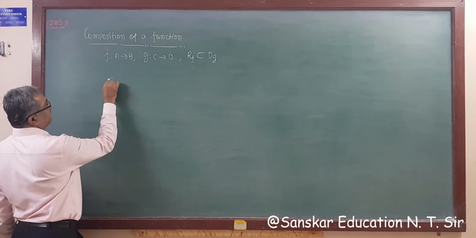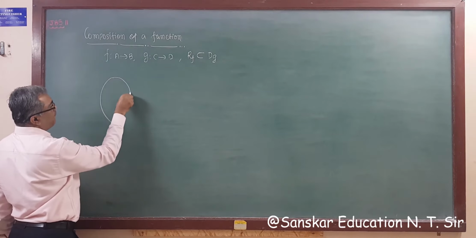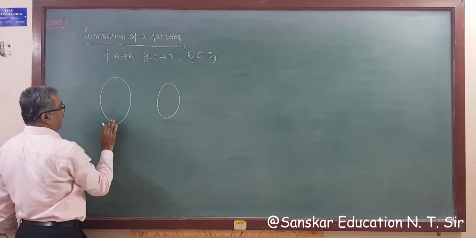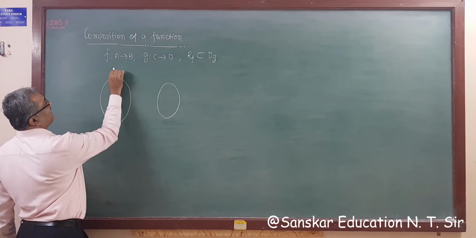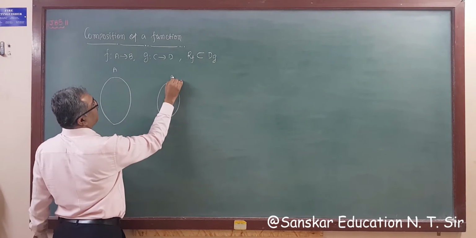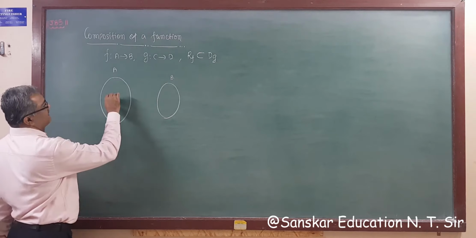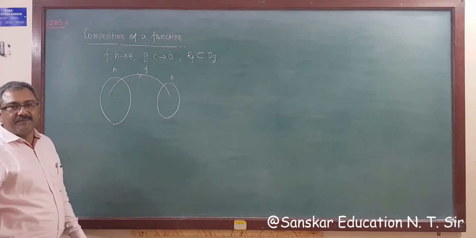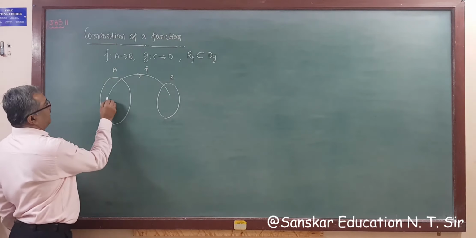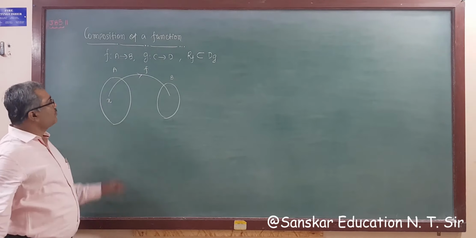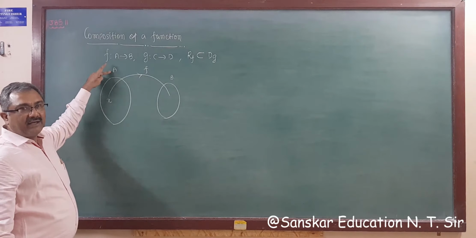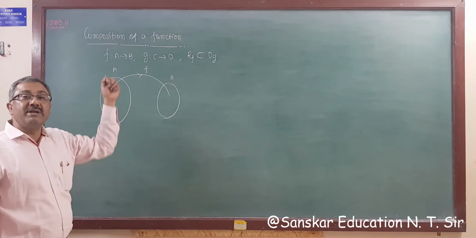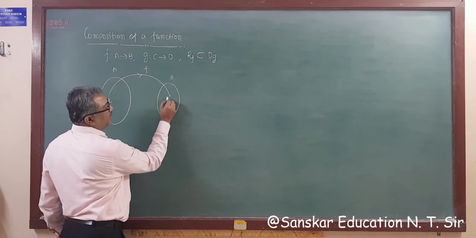So suppose this is a function f. This is set A, this is set B, and this is a function defined as f from A to B. As you know, if we take any point x from the domain, because the domain of the function is A, then with respect to function f we get f(x), the image of that point.